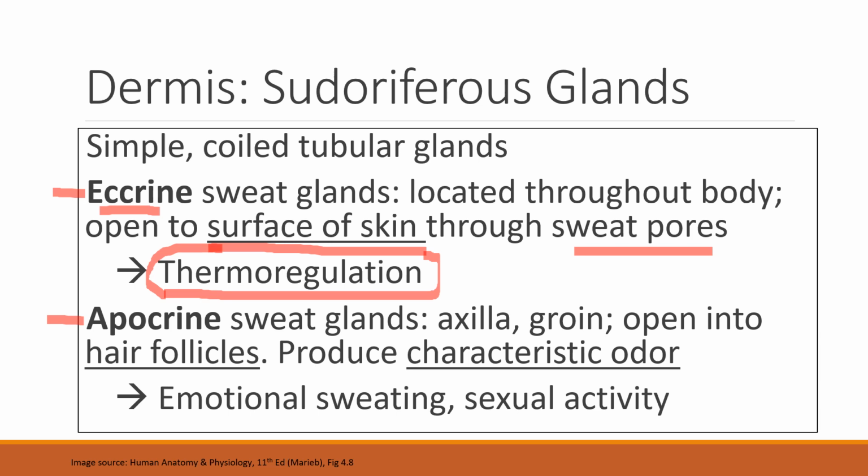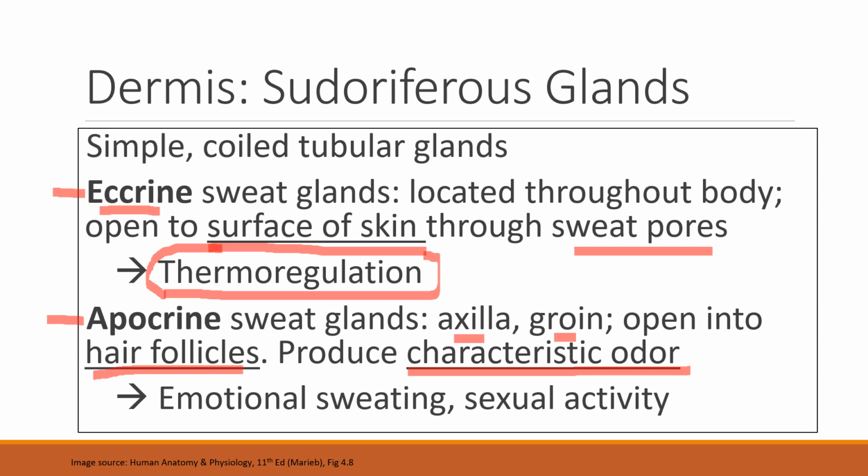The apocrine glands, on the other hand, are sweat glands located primarily in the axilla, or the underarms, and in the groin, maybe some other areas. But these glands will open into hair follicles and not the skin. And these apocrine sweat glands produce a very characteristic odor once their secretions interact with bacteria on the skin.